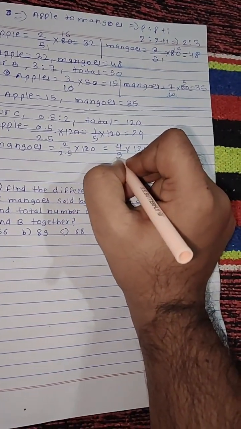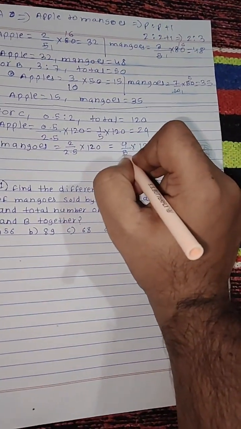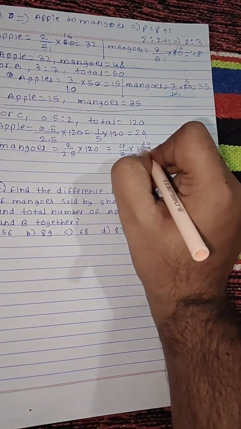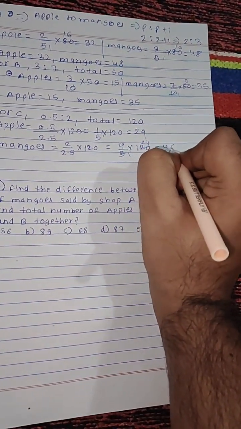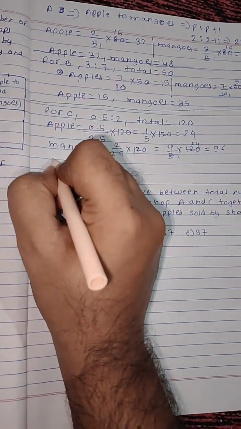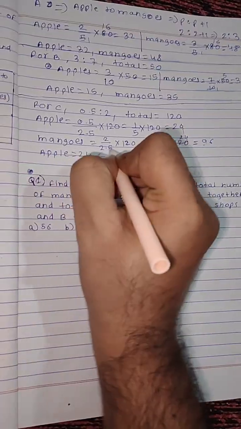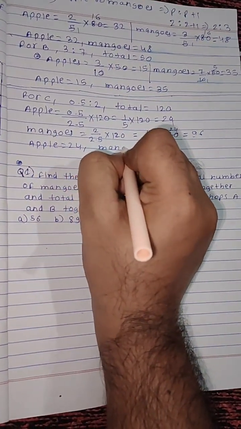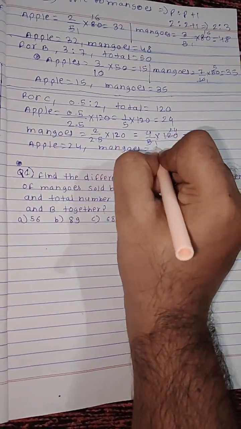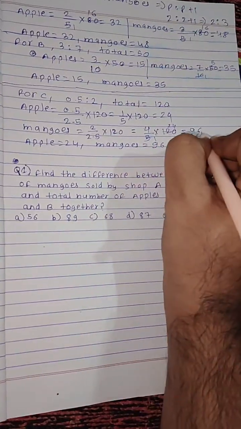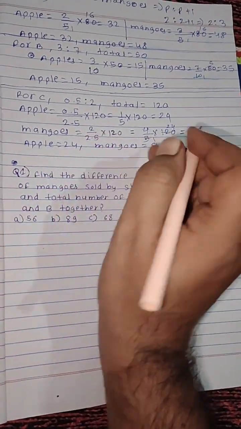So 5 ones are, it is 24, so 24 into 4 is 96. So for C, apple is 24 and mangoes is 96.